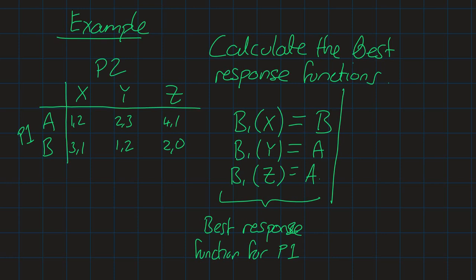Now let's work it out for player 2. So player 2 needs to know what's the best response for player 2 if player 1 chooses A, and what's the best response for player 2 if player 1 chooses B. And that's all we need to consider, right? Because player 1 only has 2 strategies, A and B. So if player 1 chooses A, we restrict to this row, which means that player 2 has a choice between playing X and getting 2, playing Y, getting 3, and playing Z and getting 1.